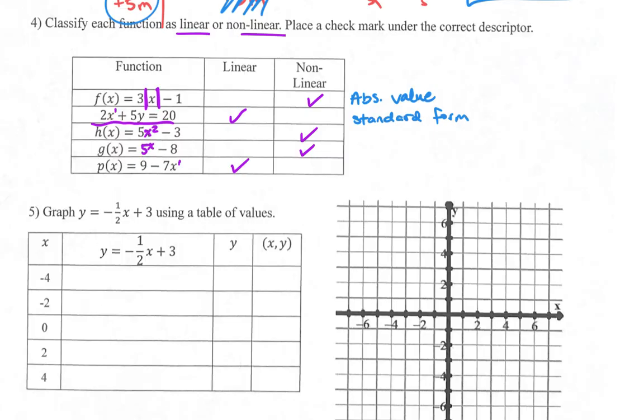We had a quadratic, because it was x squared. We had an exponential, because it was some number, in this case 5, with an x as the exponent. And the last one was good. It was a linear, and it was written in slope-intercept, kind of.